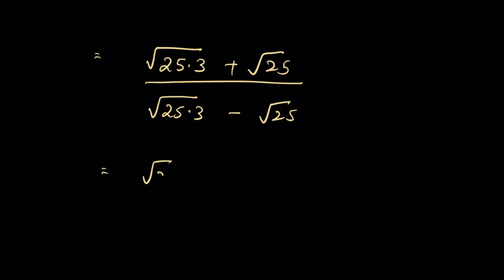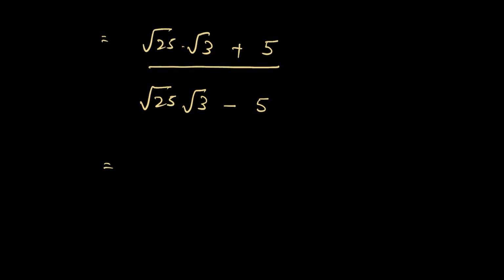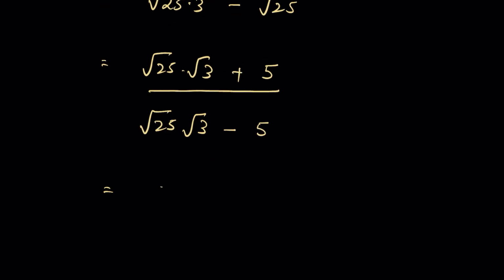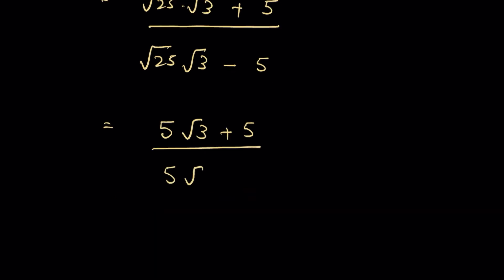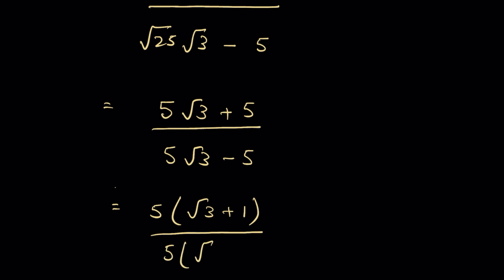So √25 times √3 plus √25, which is 5, upon √25 times √3 minus 5. √25 is 5, so 5√3 + 5 upon 5√3 − 5. We take 5 common, so 5(√3 + 1) upon, here again 5 common, (√3 − 1). 5 and 5 get cancelled.